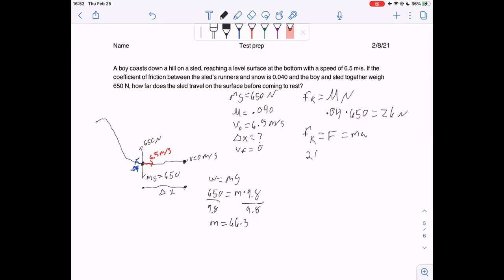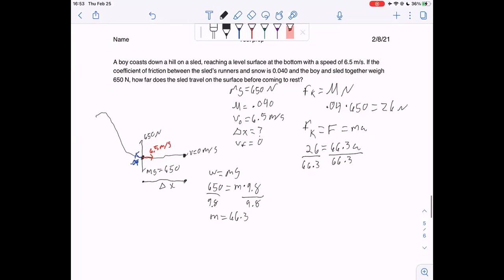So we set that 26 is equal to 66.3 times acceleration. Divide both sides by 66.3. Our acceleration is 0.392. We also know that they're slowing down, so it's going to be negative.